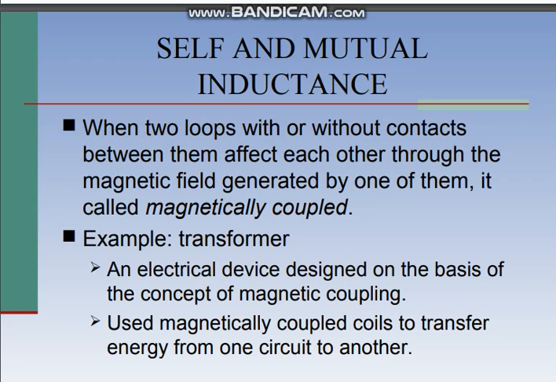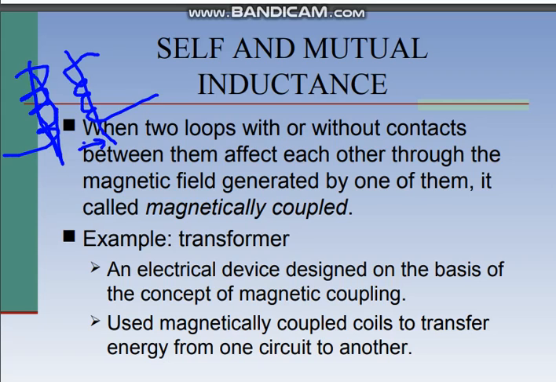As you know, if we draw a transformer, the pictorial definition will be like this. There is an iron core here, and there is no contact between these two coils.